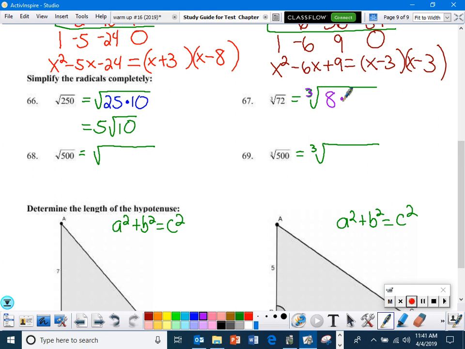And 8 times what is 72? 8 times 9. Now, the cubic root of 8 is 2, and you're left with the cubic root of 9. So that one simplifies to 2 cubic roots of 9.